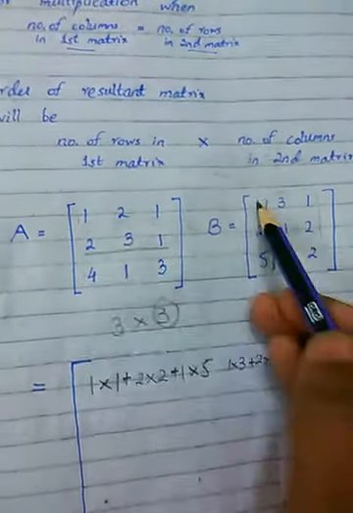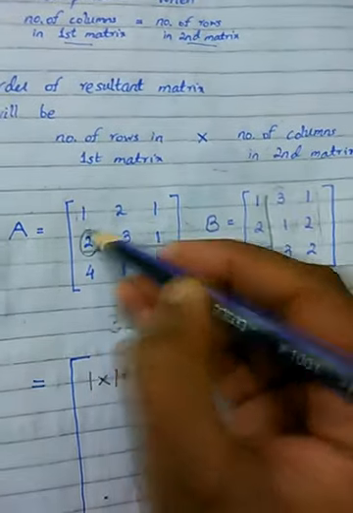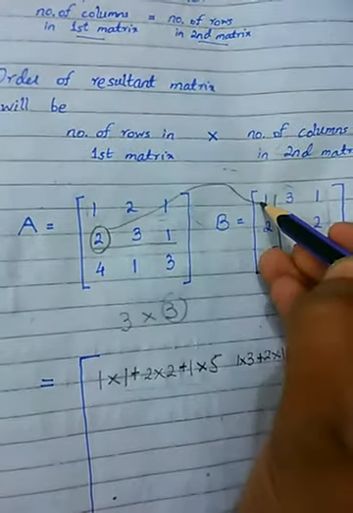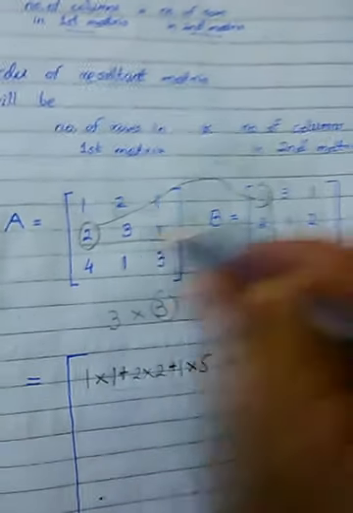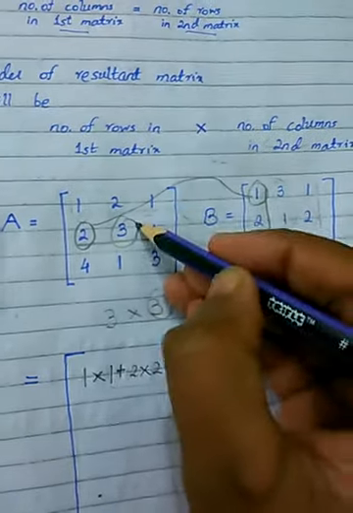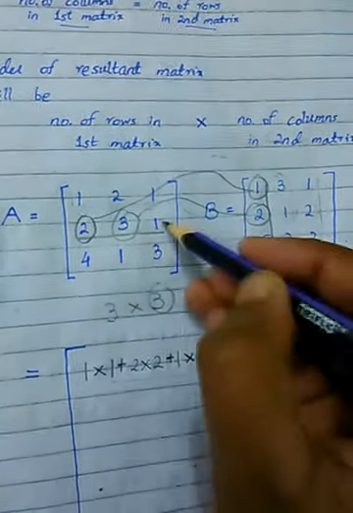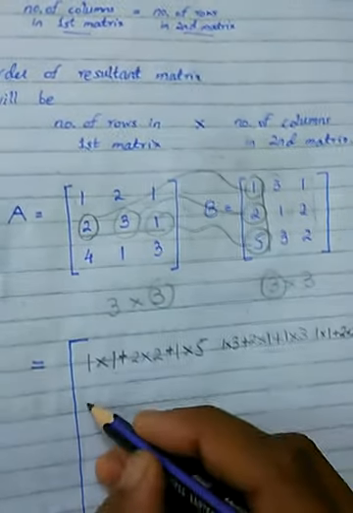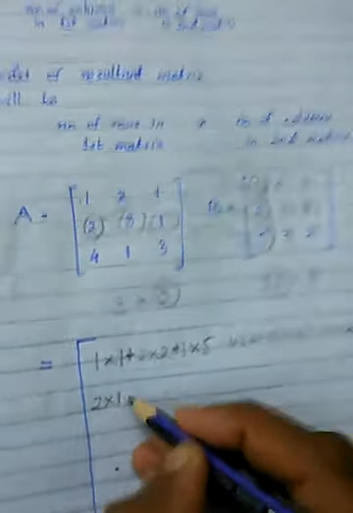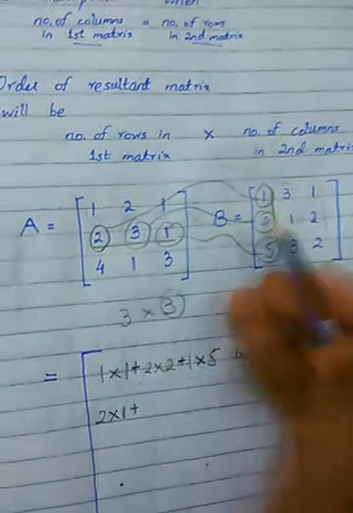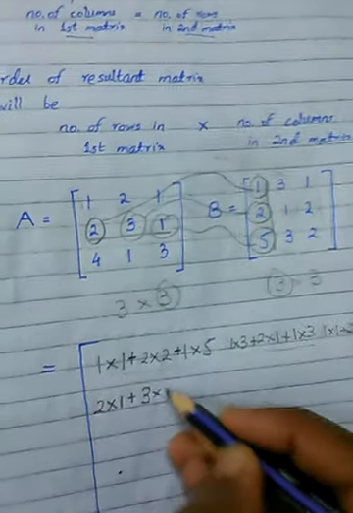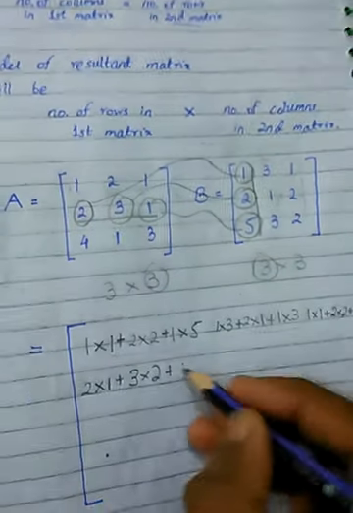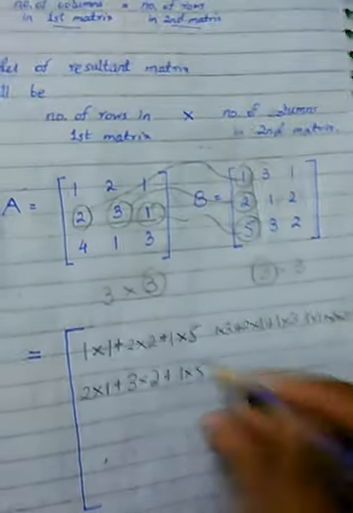Second row with first column, first element with first element, which is 1. Second element with second element, third element with third element. So 2 multiplied by 1 plus 3 multiplied by 2 plus 1 multiplied by 5.